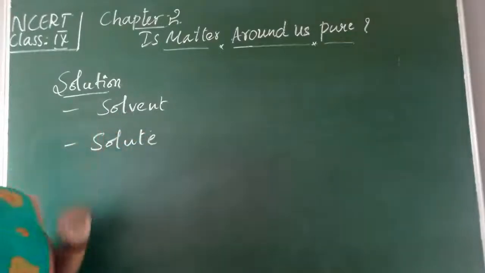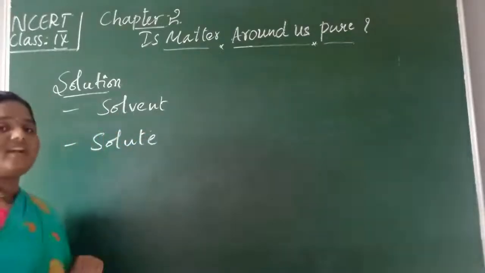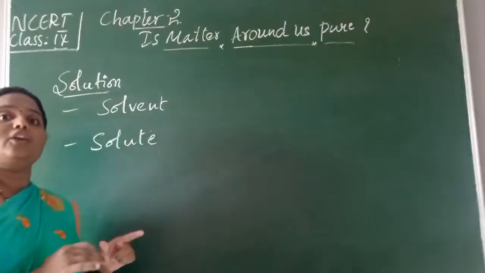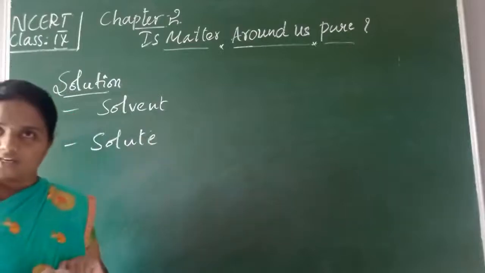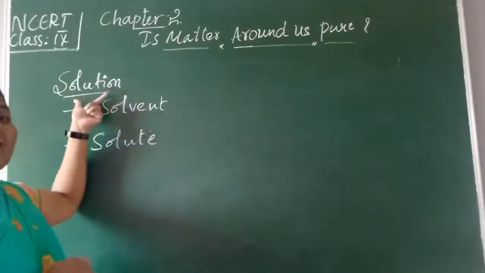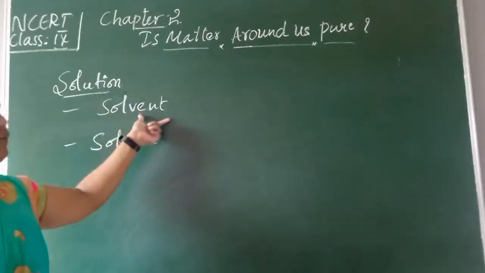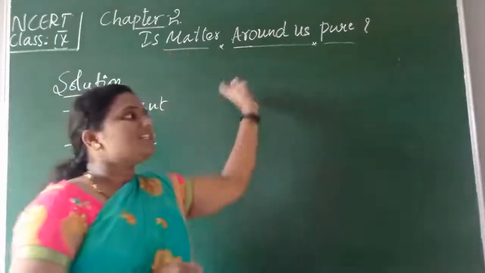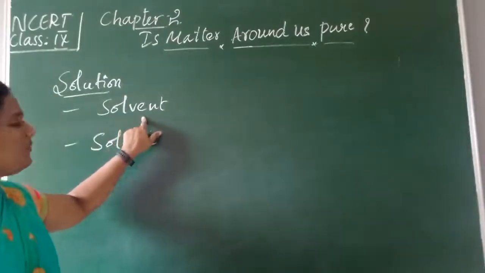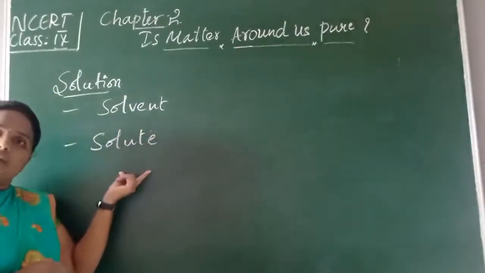What is this solvent? A solvent is the substance which is going to dissolve the other component. It is a component of a solution, and the other component is going to dissolve in this solvent. Then what is this solute?